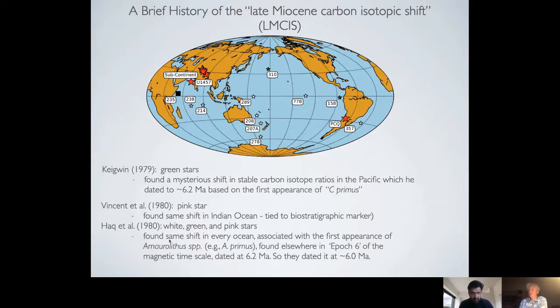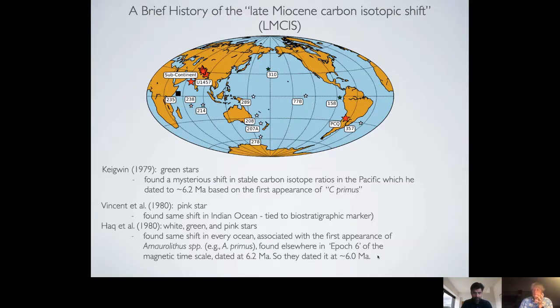The white, green, and pink stars. He found the same shift in every ocean, and he associated it with the first appearance of something now called Amaurolithus, which is the same thing as C. primus. So biostratigraphers changed their mind about what to call it, and it was found in what they called Epoch 6 at the time, and was dated at 6.2, and so they dated this transition at about 6 million.